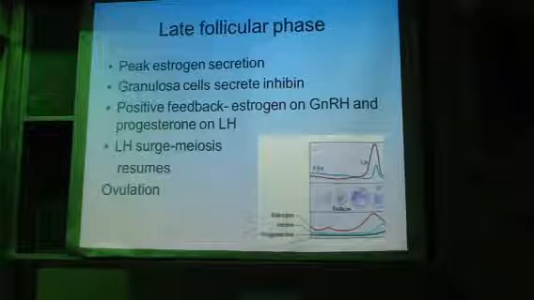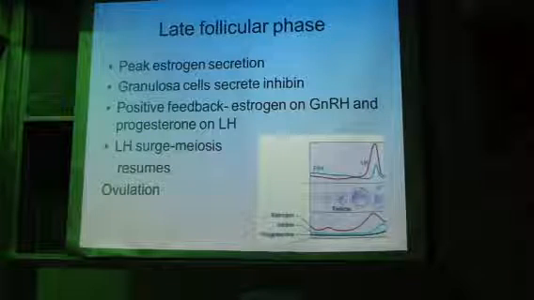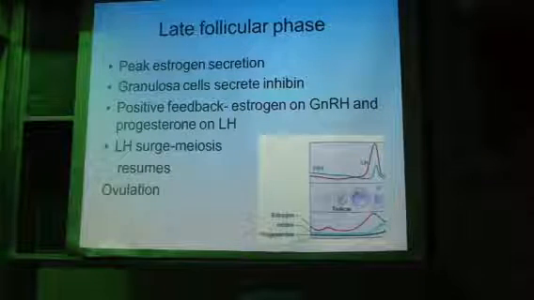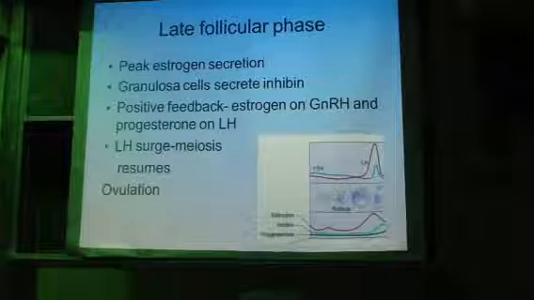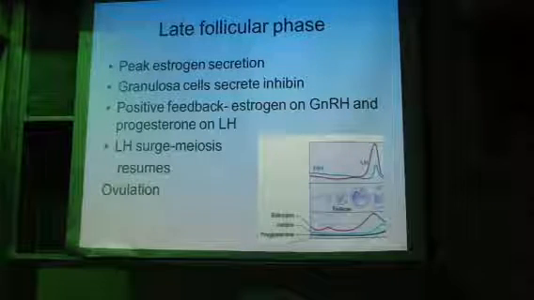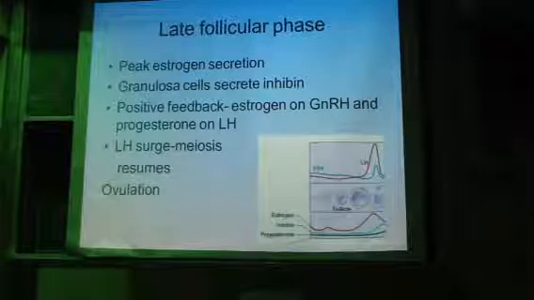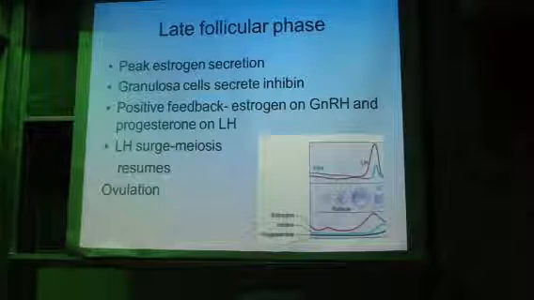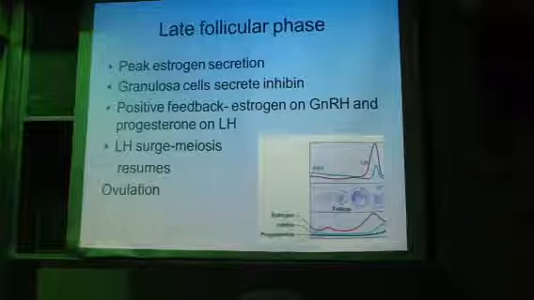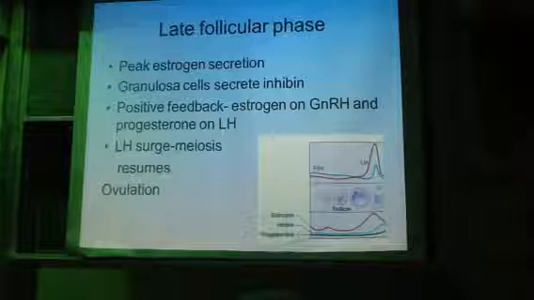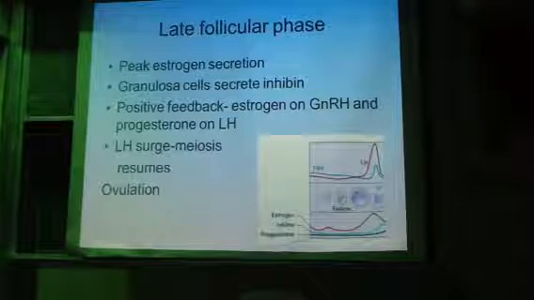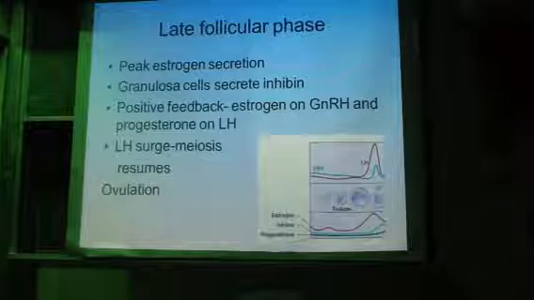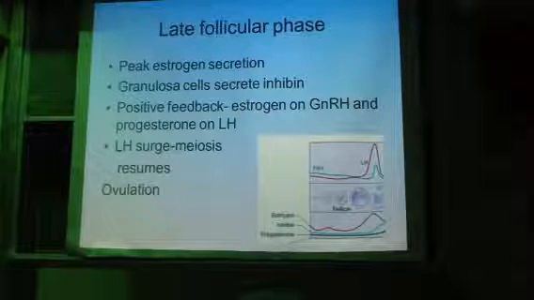So right now, the take-home message for this one is the peak levels of estrogen that result from the mature follicles and the stimulation of LH to promote ovulation and the resumption of meiosis, where you undergo the first meiotic division and you get ovulation. That's the big thing here. Okay, everybody with me?